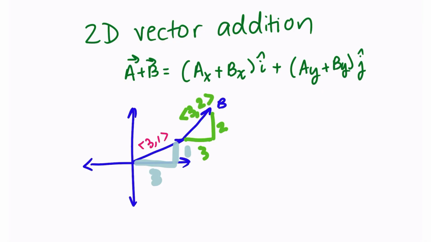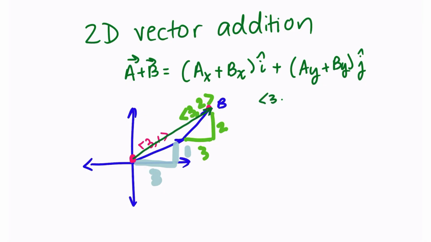Now, if you're trying to find the resultant vector, which is going to be shown from the starting point to the tail and the tip, what you can do is you can just add the components together.